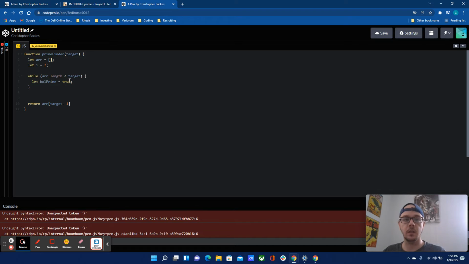So for let j equal 2. Again, we don't want to check to see if something is divisible by 1, because that's always going to be true.